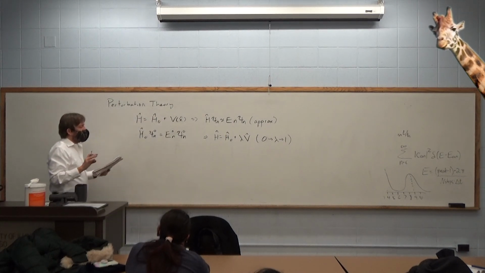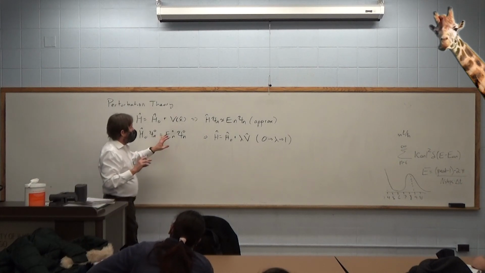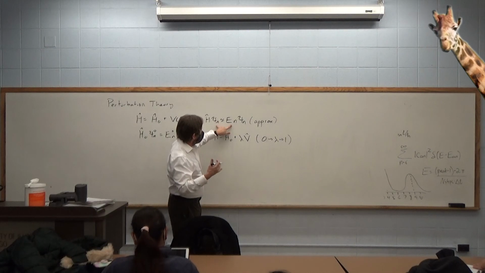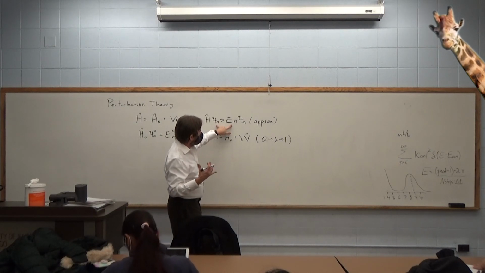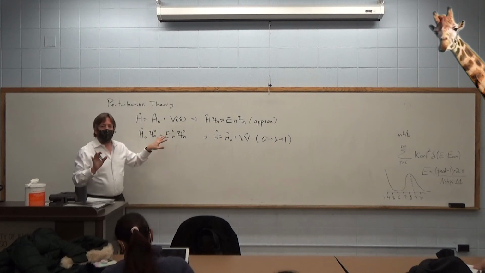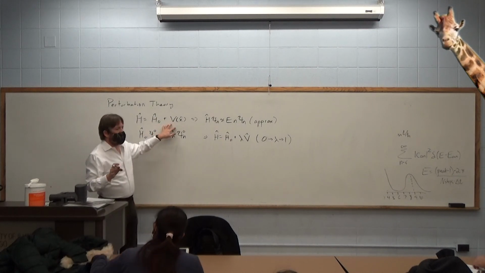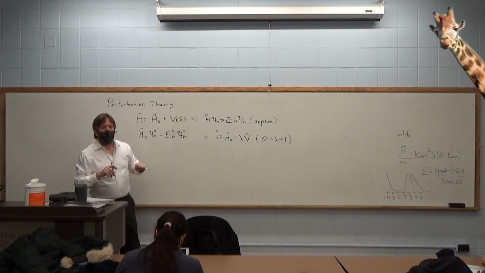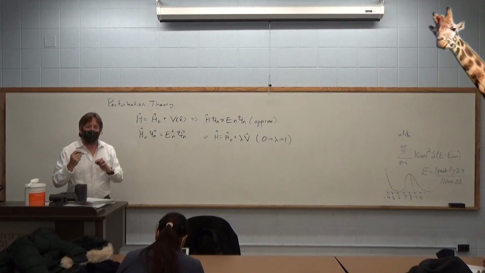So Monday and Wednesday, we're going to talk about, again, this method of approximating solutions to a Hamiltonian that we can't solve. But again, my point to you is not to really look at it that way. Look at it as you want to understand your molecule, understand that you're perturbing it when you measure it, and you need to understand the nature of that perturbation.